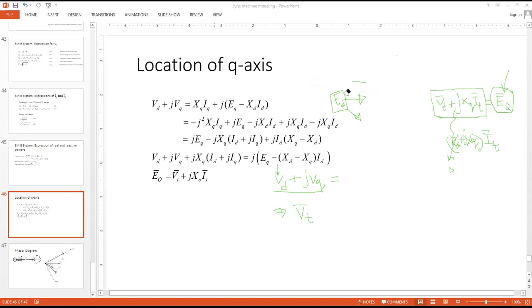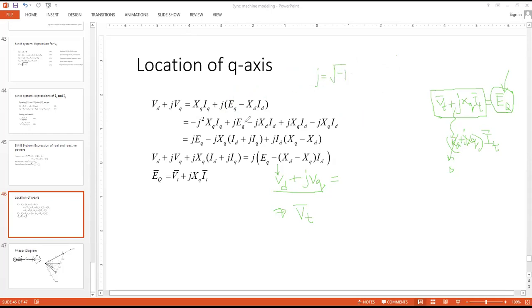So now with this little concept about EQ and its location, let's proceed. So XQIQ, we can write it like minus J square XQIQ, where J is the imaginary operator, the square root of -1.